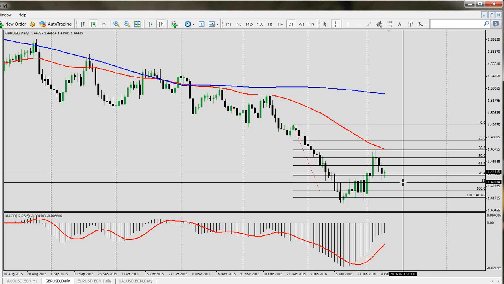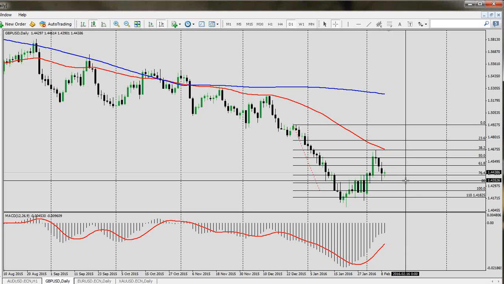88% custom Fibonacci retracement zone stands at 1.4333 zone. It's not a common Fibonacci retracement zone. It's a custom one that I use myself. So far for yesterday, the pair went pretty close to it.